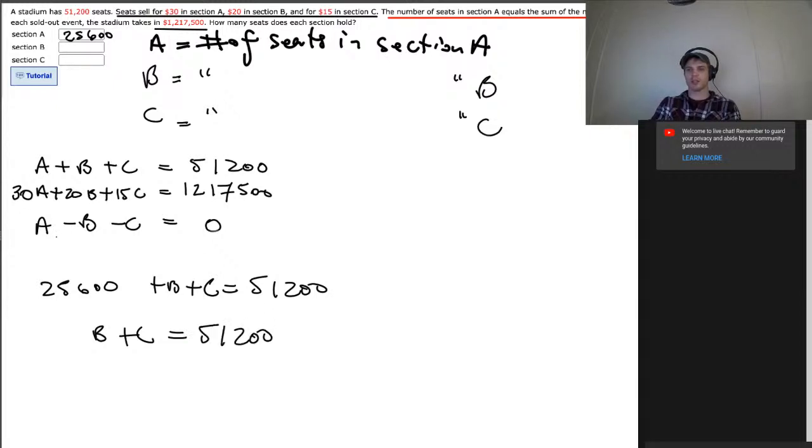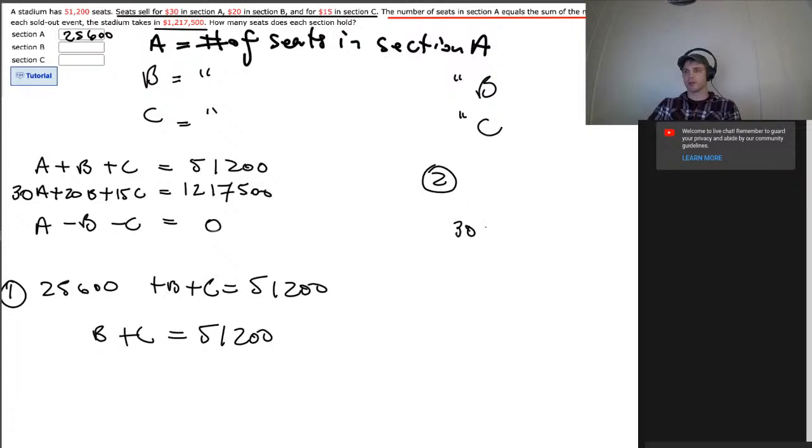Now, I can do the same thing in the third equation. So let's go ahead and do that. So this is from equation 2. Oh no, I'm sorry, that was from equation 1. From equation 2, I'm going to substitute in the a that we found.